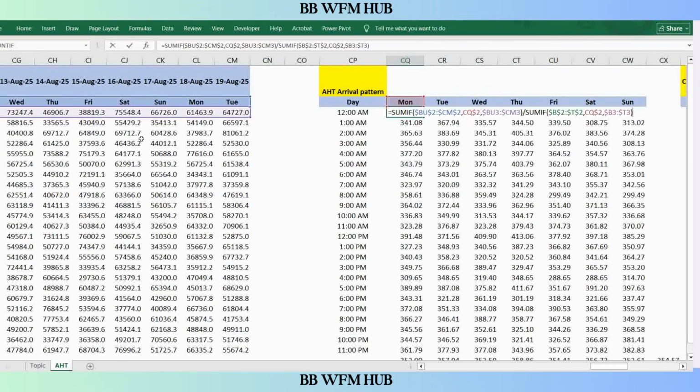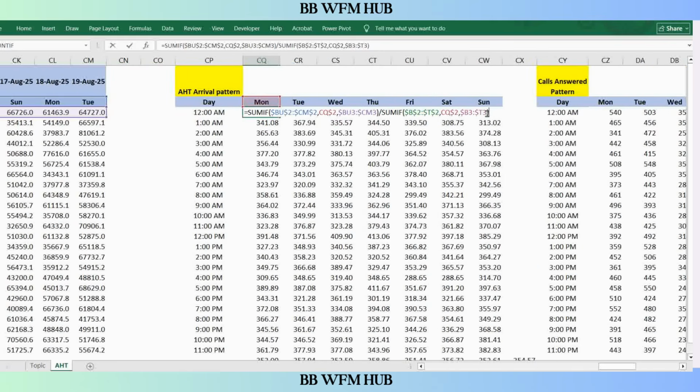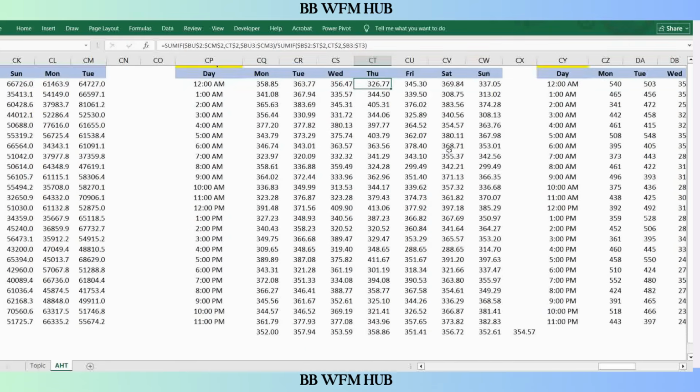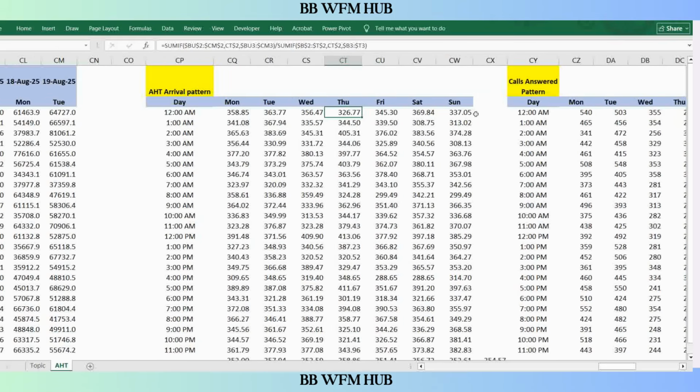We are taking the total handle time of all the Mondays, and dividing that by the total calls answered on all the Mondays for the particular interval. So we take the SUMIF of the total handle time of all the Mondays and the total calls answered on all the Mondays, and we divide them so that we get the AHT arrival pattern. This is what we are doing with all the intervals and with all the days.